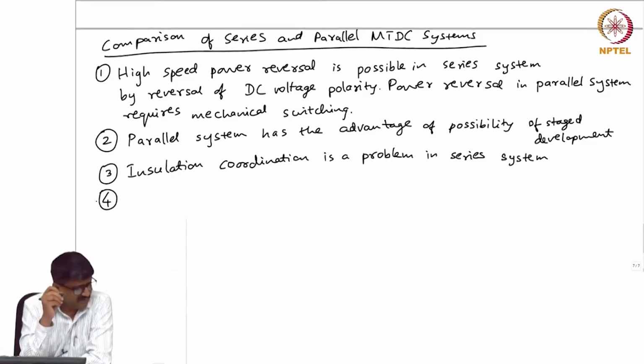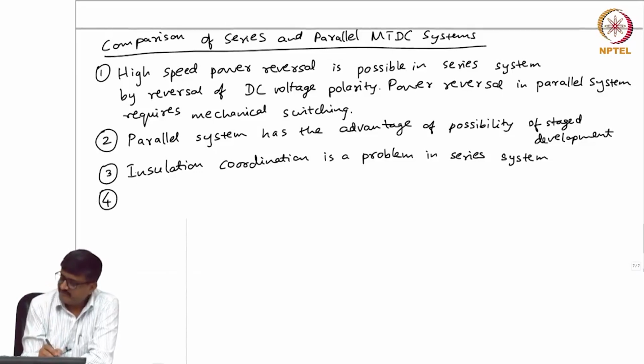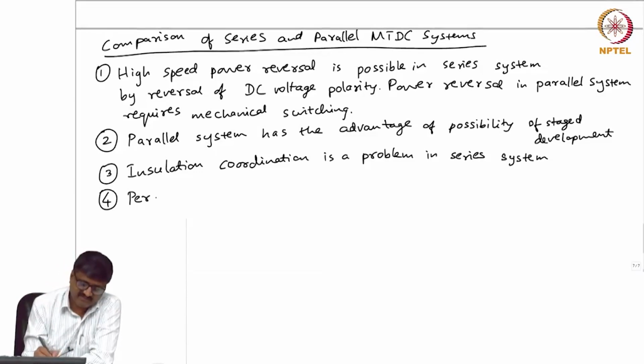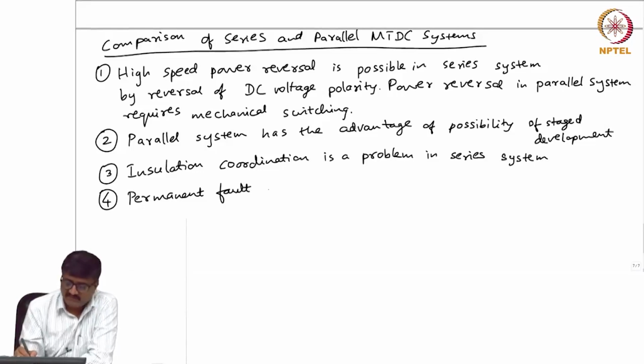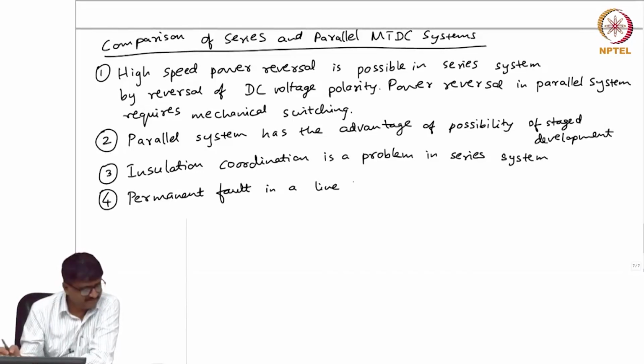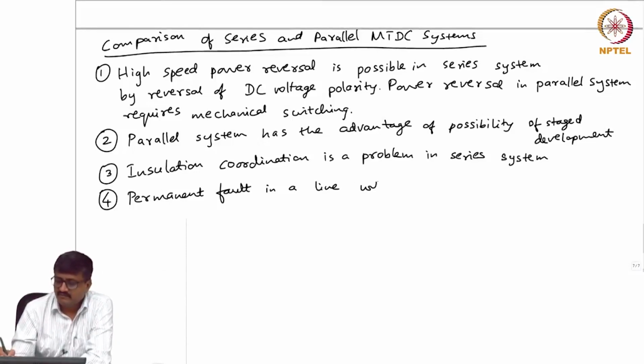Okay. Then there is one more advantage of the parallel system. If a permanent fault occurs in a transmission line in a series system, it would lead to complete shutdown.